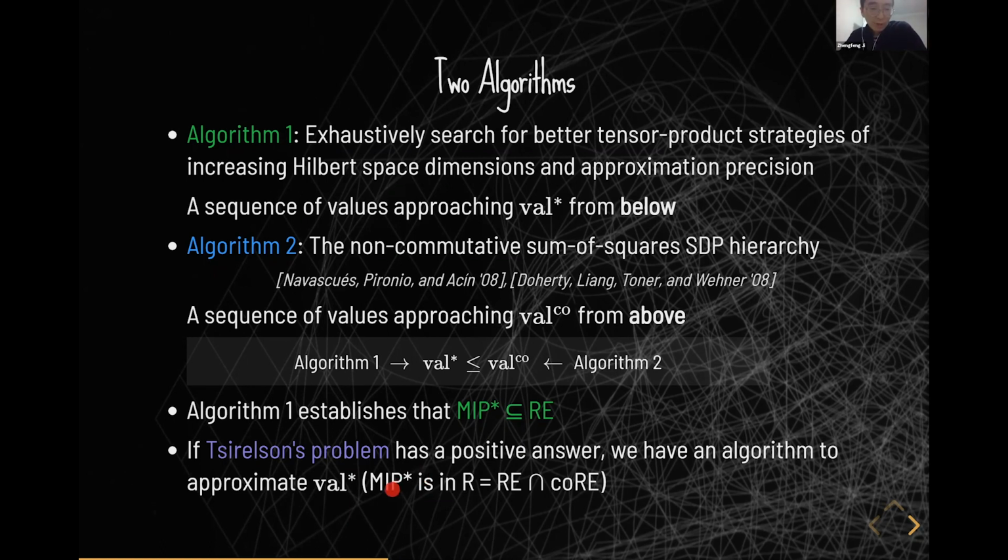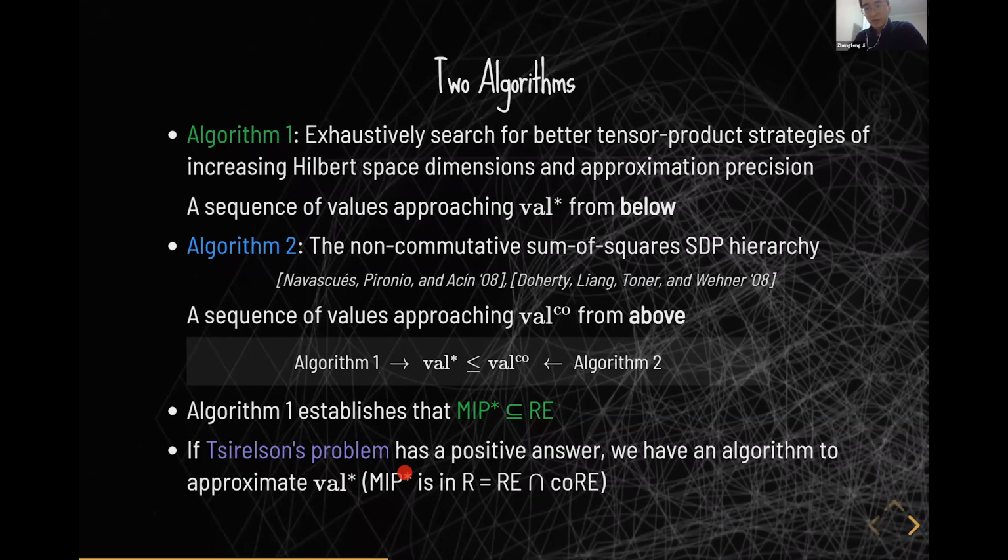So MIP star is an interactive verification protocol, and we need completeness and soundness. For a yes instance, we need the value to be high, right? Starting from a problem, we have a game, the interactive protocol, and if it is a yes instance, the value will be high. And if the problem is a no instance, we want the game to have a low value.